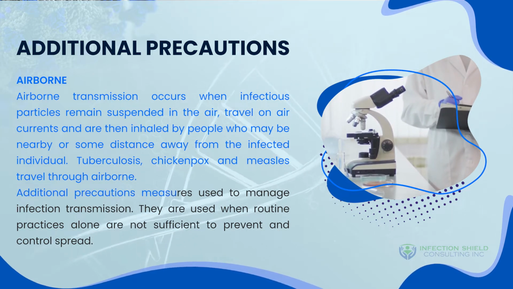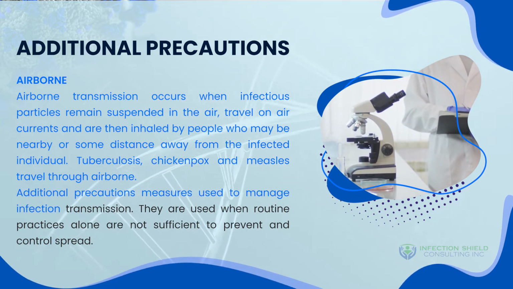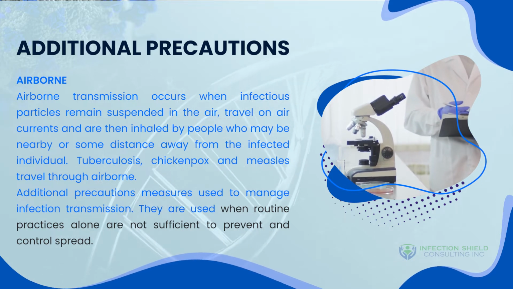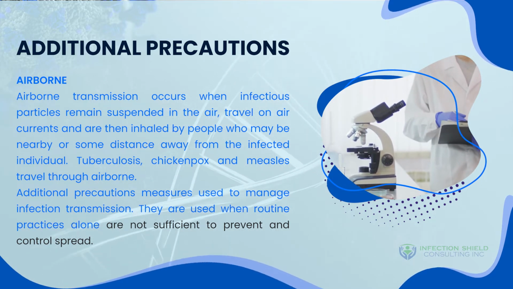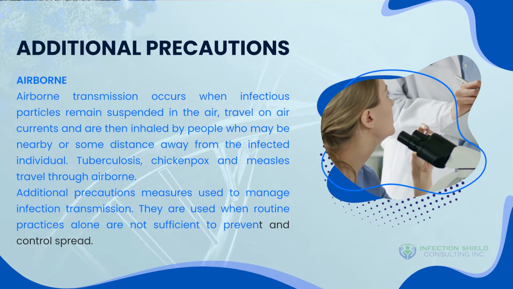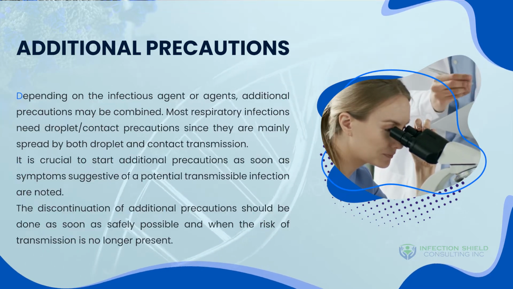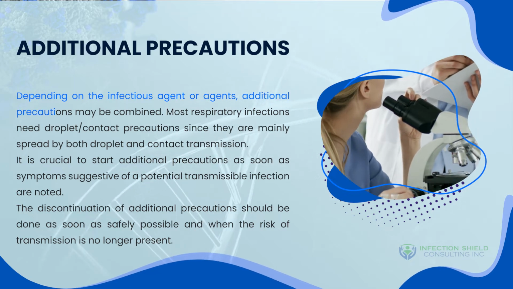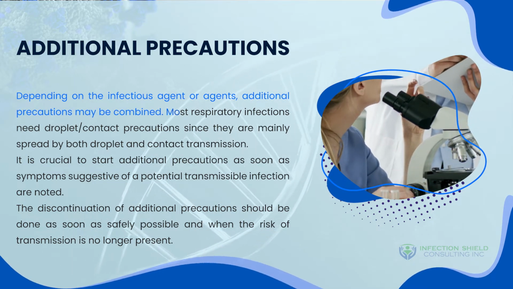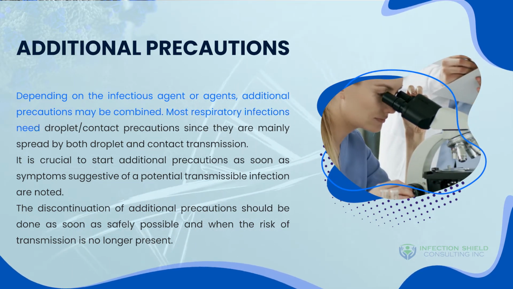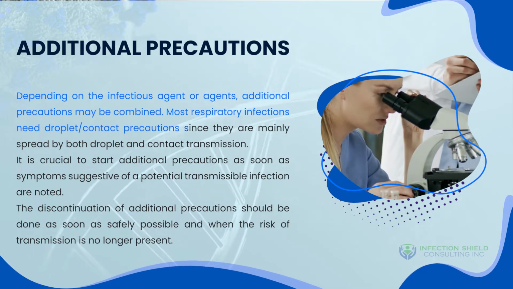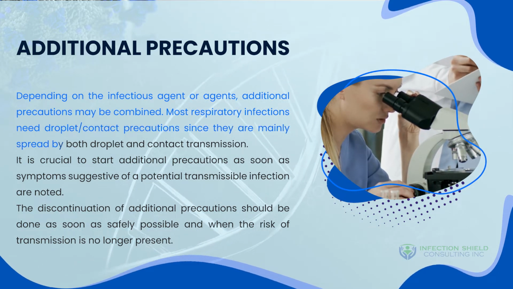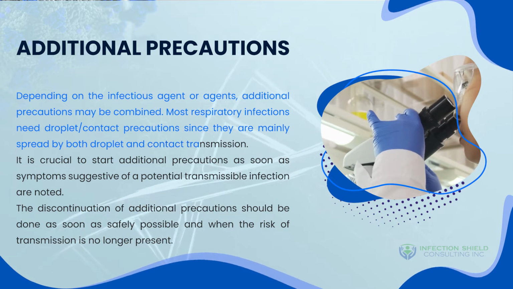Additional precautions are measures used to manage infection transmission. They are used when routine practices alone are not sufficient to prevent and control spread. Depending on the infectious agent or agents, additional precautions may be combined. Most respiratory infections need droplet or contact precautions since they are mainly spread by both droplet and contact transmission.